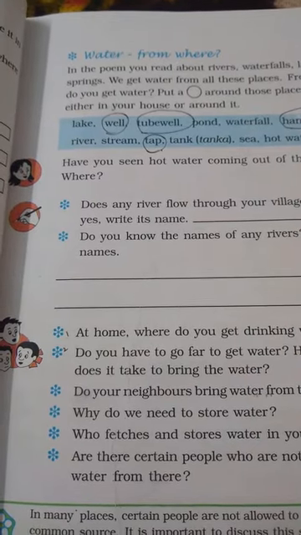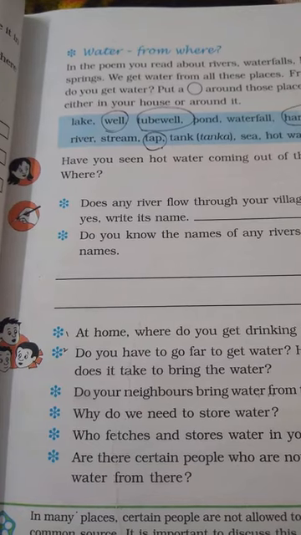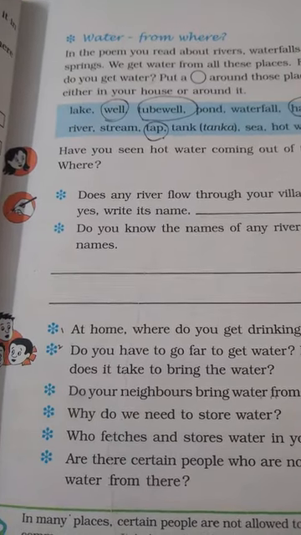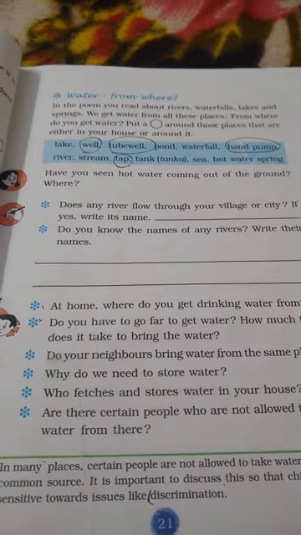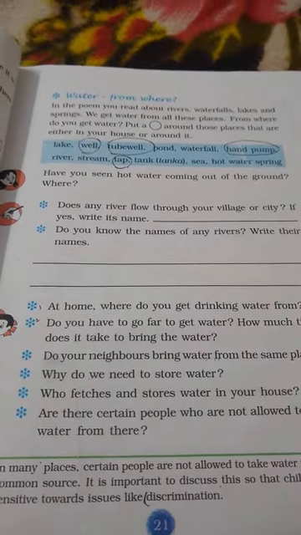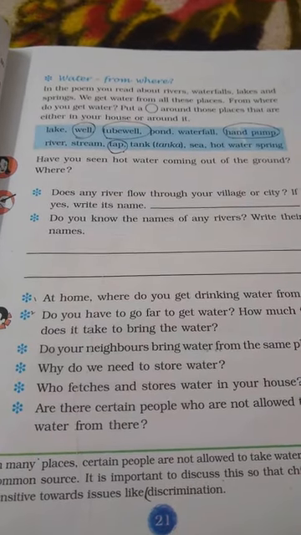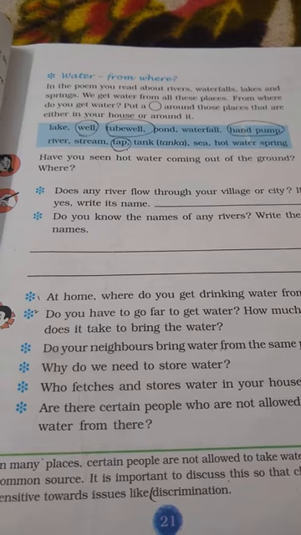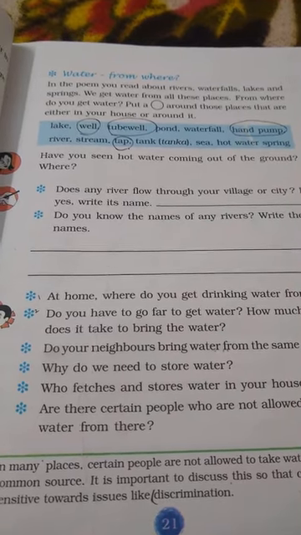From where do you get water? Put a circle around these places that are either in your house or around it. Lake, well, tube well, pond, waterfall, hand pump, river, stream, tap, tank, hot water spring.